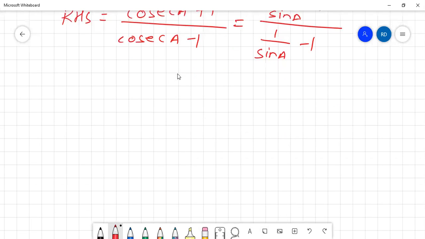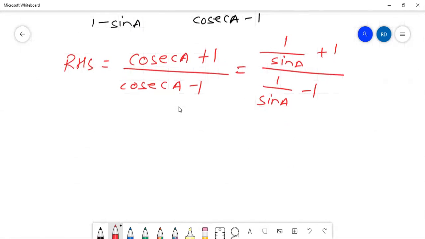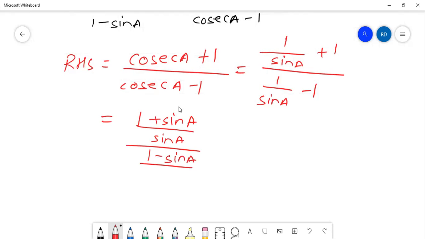So this further can be written as 1 plus sine A upon sine A upon 1 minus sine A upon sine A. This gets cancelled, it is going to get reciprocal and get cancelled.